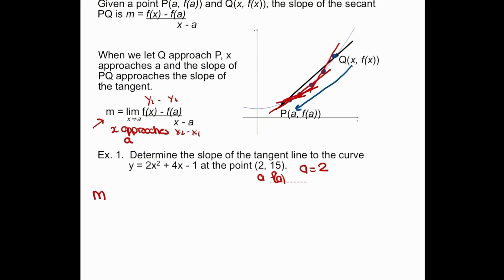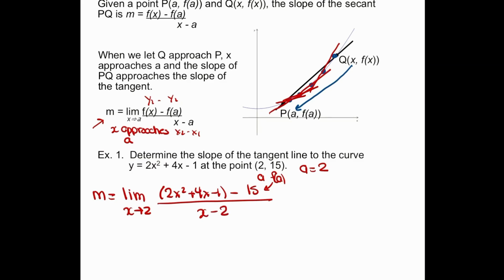So what we want to do here is determine the slope as x approaches 2. So we're going to say the slope is equal to the limit as x approaches 2 of our 1 point minus our other point over our x values. So that's going to look like this. We have 2x squared plus 4x minus 1 minus 15, that's our f of a value, all over x minus 2.